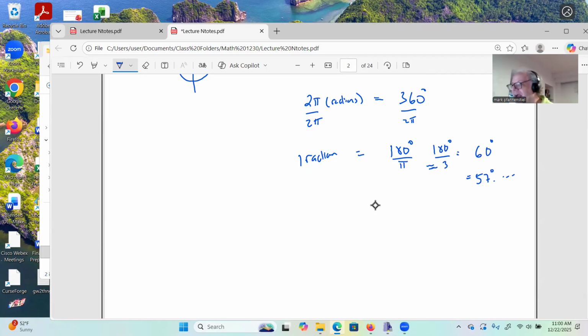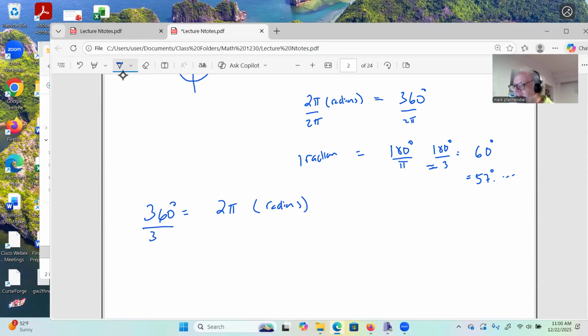We can go the other way around, right? Let me start on the left: we have 360 degrees is equal to 2 pi, and again, I'm going to put radians here in parentheses for the first couple of times we do it.